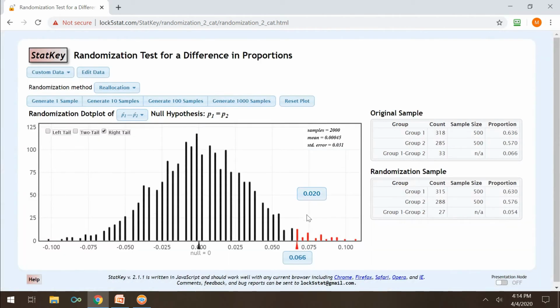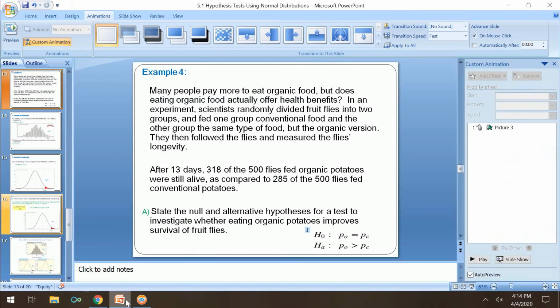In doing so, we got the p-value to be 0.02. Now keep in mind, if you're doing this at home, you might have a slightly different p-value, but it should be similar. Not the same, but similar. So the p-value was 0.02. This is using the randomization method from chapter 4.